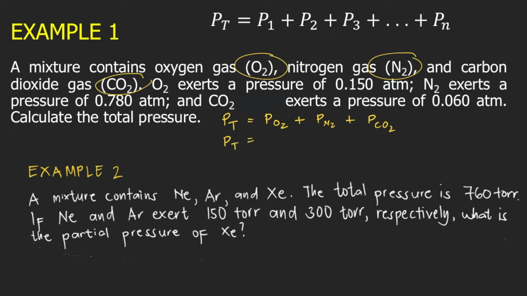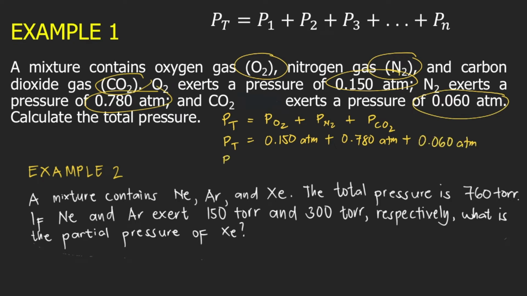According to the problem, the partial pressure of O2 is 0.150 atm plus the partial pressure of N2 is 0.780 atm plus the partial pressure of CO2 is 0.060 atm.